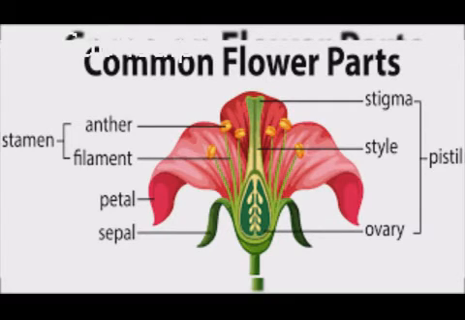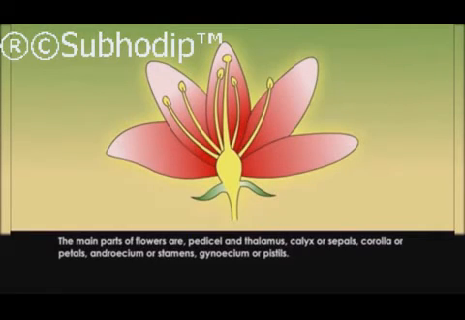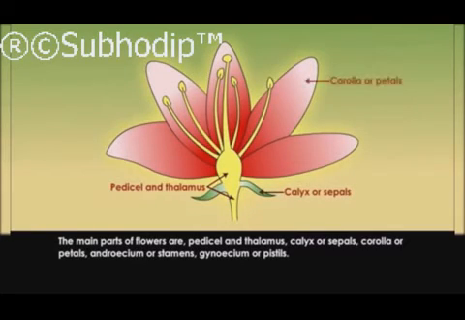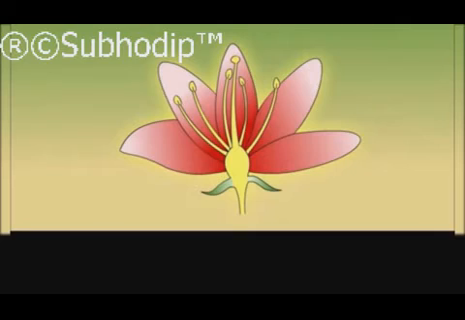The main parts of flowers are pedicel and thalamus, calyx or sepals, corolla or petals, androecium or stamens, gynoecium or pistils. Pedicel and thalamus.